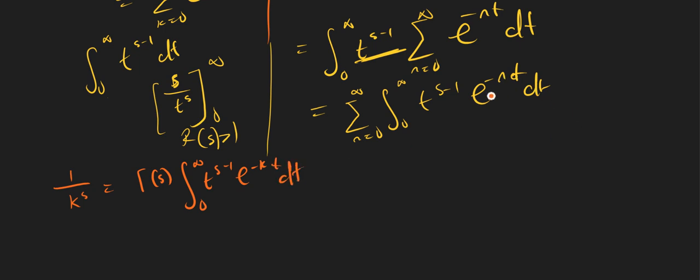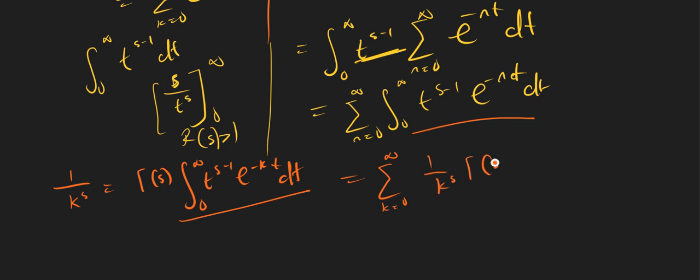If you replace n by k, everything here equals the sum over k from 0 to infinity of 1 over k^s times gamma of s.